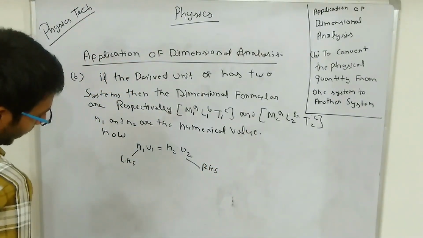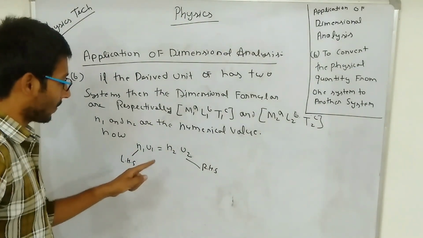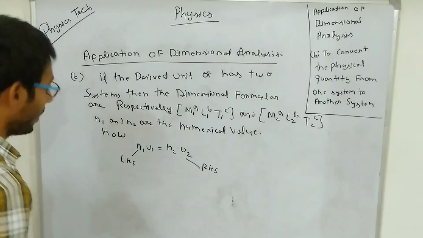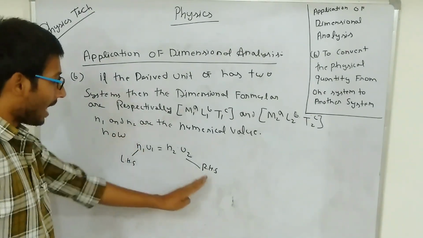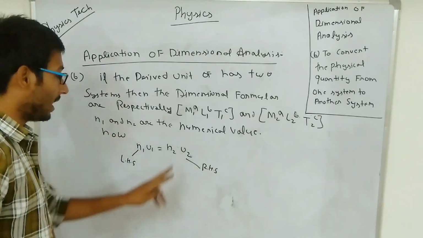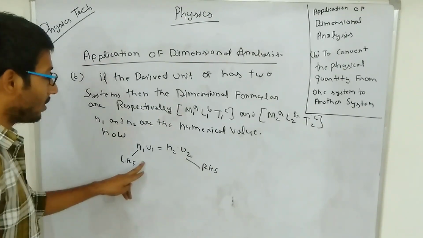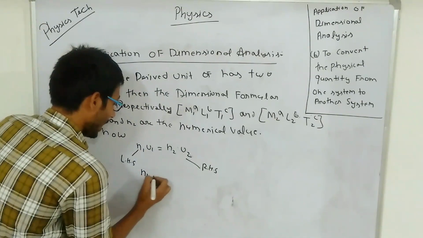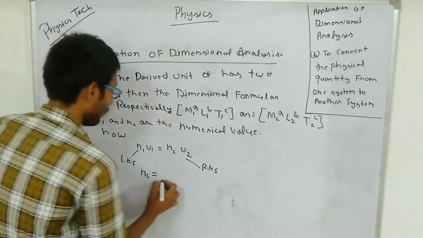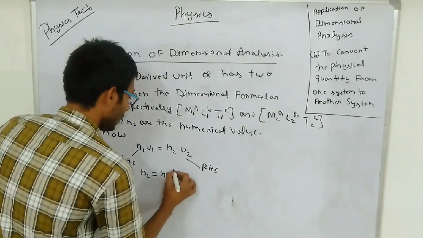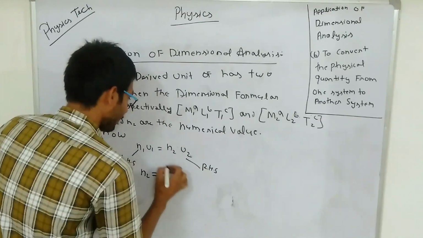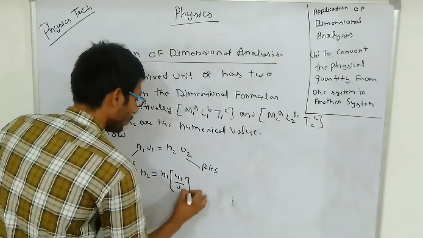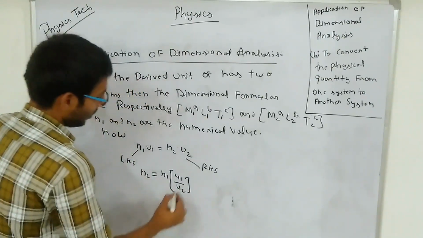Now we transfer U2 from here to here. In the RHS, U2 is in multiplication, so it converts into division. Now N2 is equal to N1 U1 upon U2.